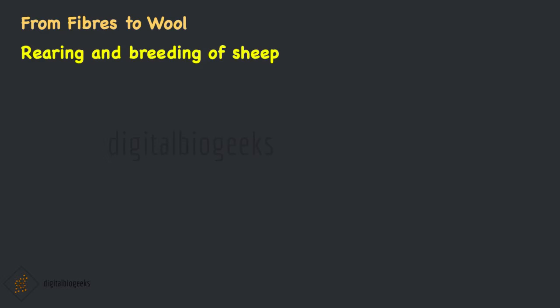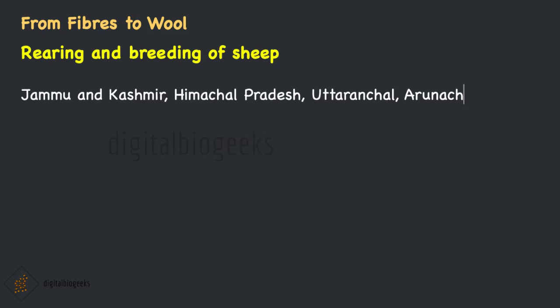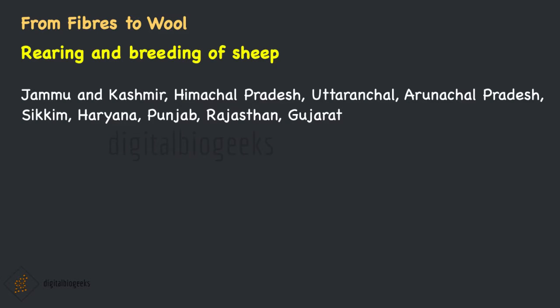Now let's learn about the rearing and breeding of sheep. Rearing sheep means looking after them, feeding them and taking care of other needs of sheep. Sheep are reared mainly in states of Jammu and Kashmir, Himachal Pradesh, Uttaranchal, Arunachal Pradesh, Sikkim, Haryana, Punjab, Rajasthan and Gujarat.